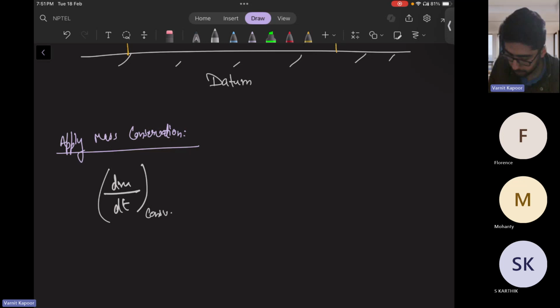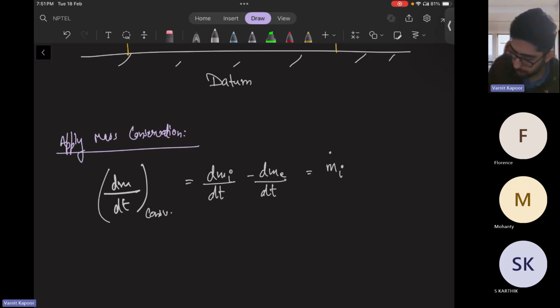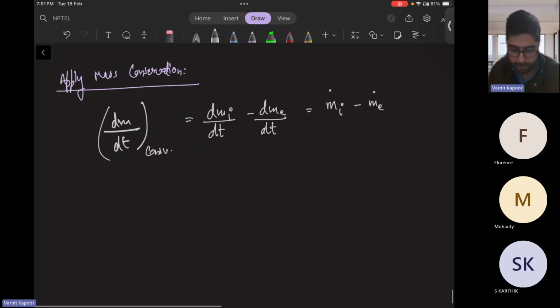So mass conservation says that the rate of change of mass is equal to the rate of change of mass at inlet minus the rate of change of mass at exit, which is dmi by dt minus dme by dt. That is nothing but mi dot, for the rate, minus me dot. Okay, this is your mass conservation. That means properties are varying with respect to time here. That's why it's a differential with respect to time.